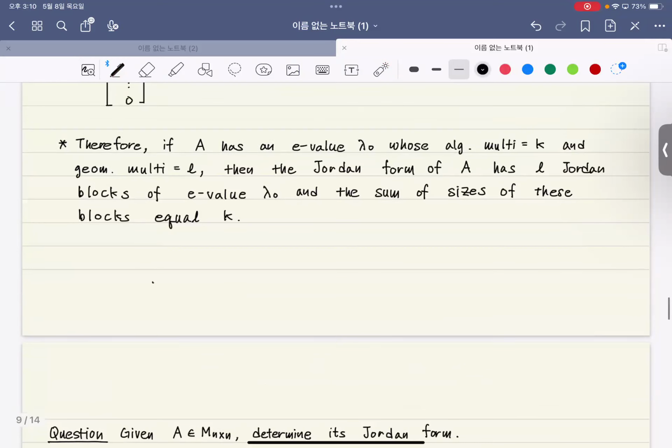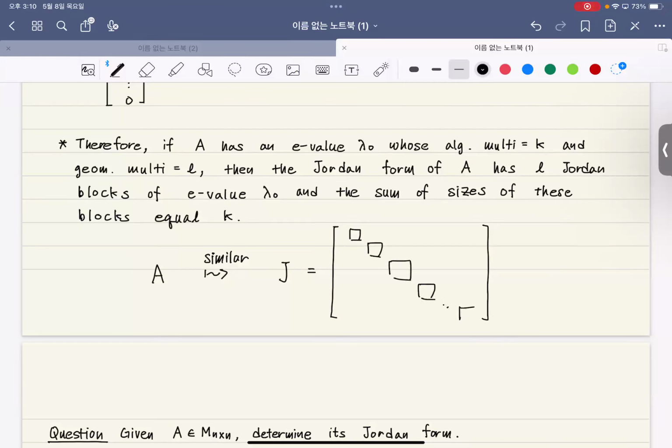If A has eigenvalue lambda 0, then A must be similar to some Jordan form J, and this Jordan form may have a bunch of Jordan blocks like this, but it has eigenvalue lambda 0. So there must be some Jordan blocks whose eigenvalue equals lambda 0, right?